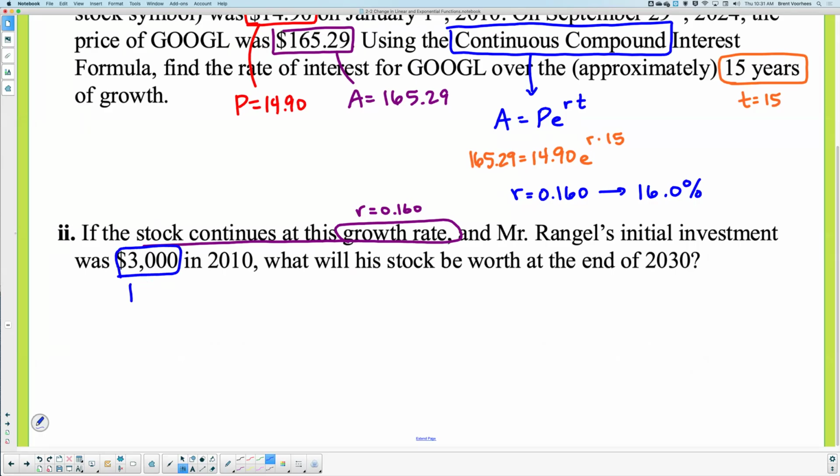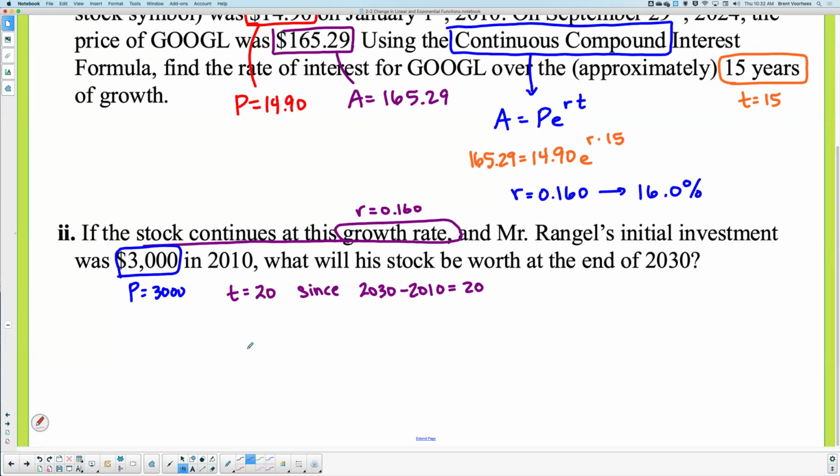The P. In 2010, what will his stock be worth at the end of 2030? What is that telling me now? The time. What is T going to actually be? 20 years. Now, why is it 20? 2030 minus 2010 is 20.